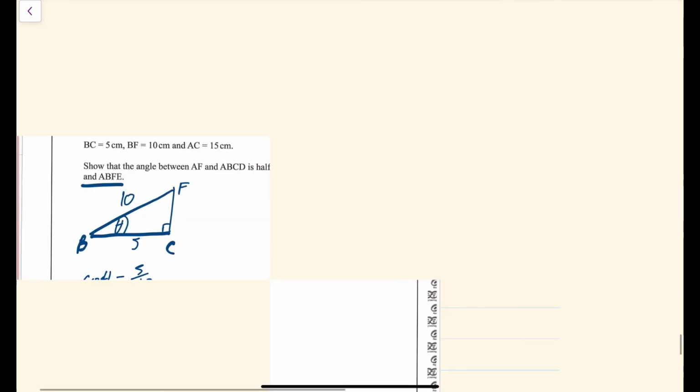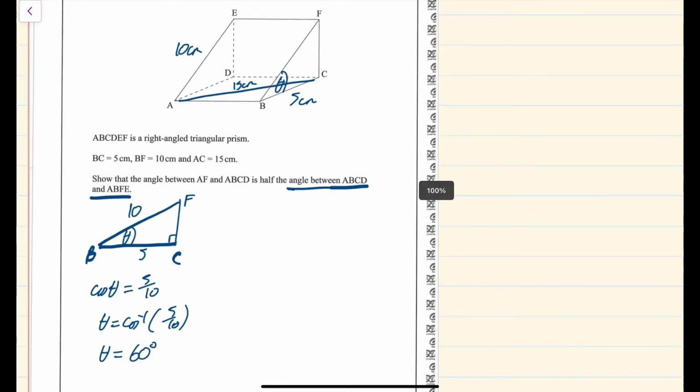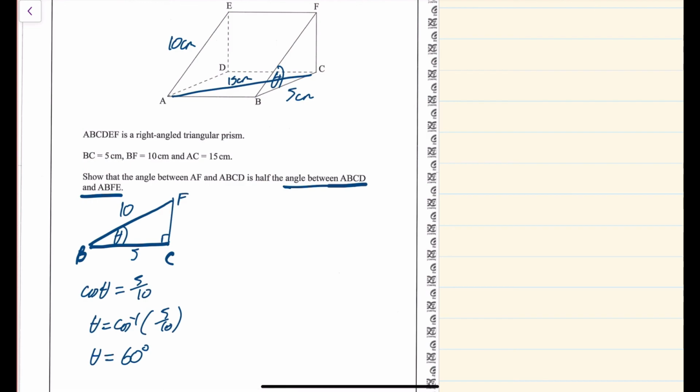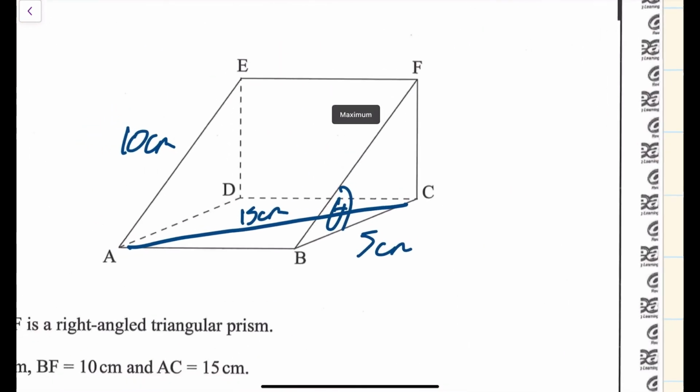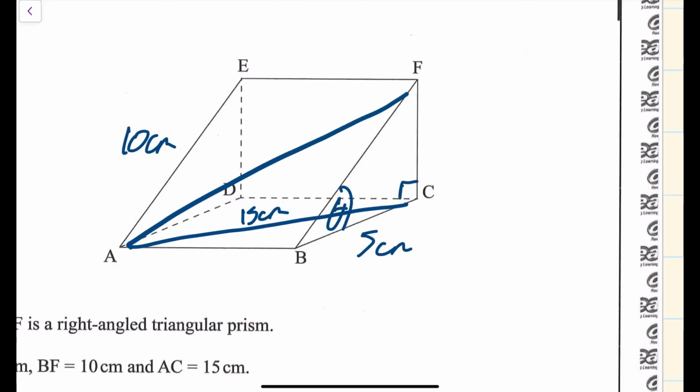Okay, next thing what we want to do, it says show the angle between AF and ABCD is half the angle. So we're doing this one here. So if I zoom in on this, that's a wee right angle triangle there. We want to find this angle here. Okay, so that's what we need to find.